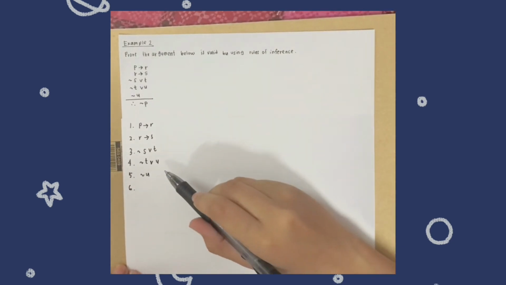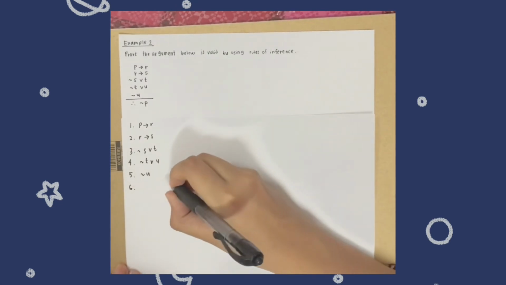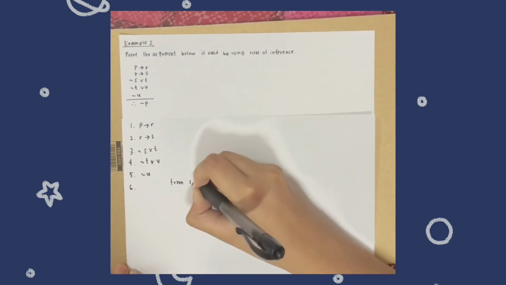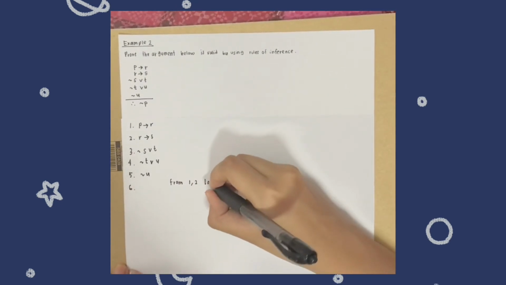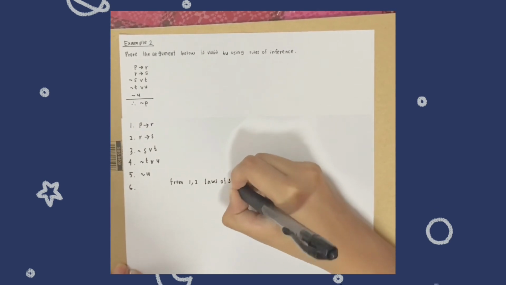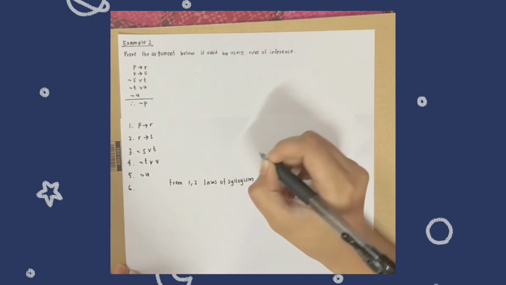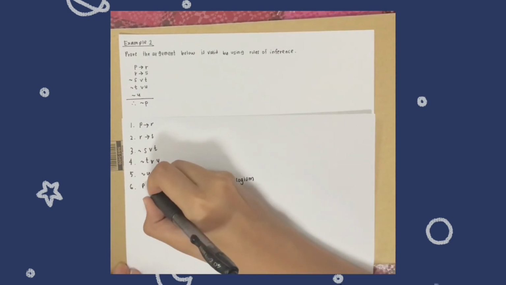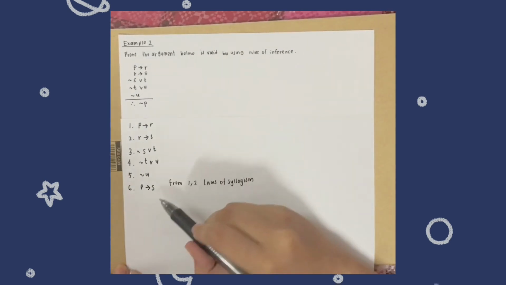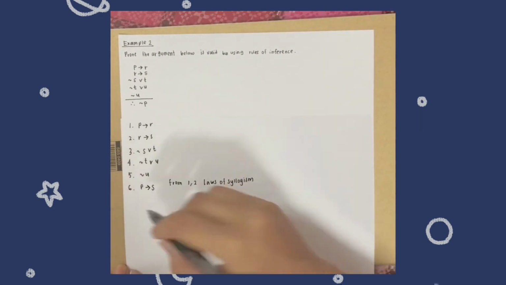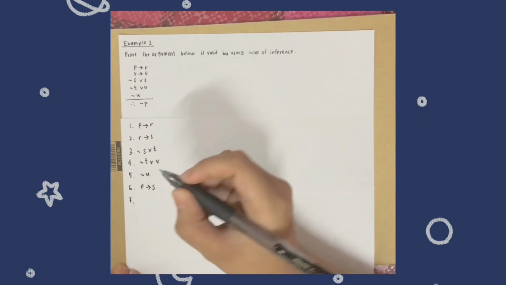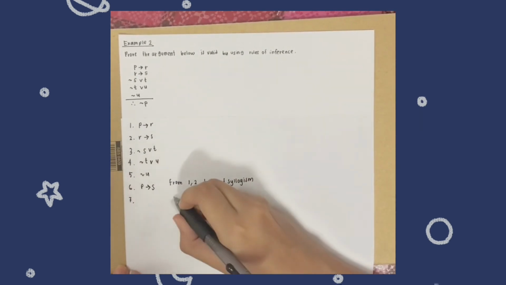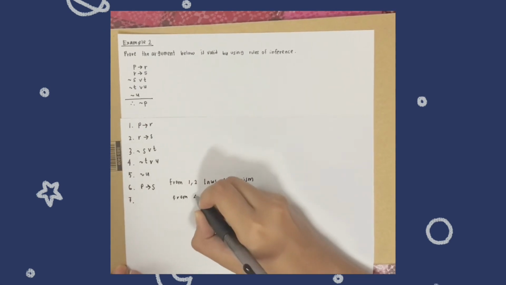So we can see that from 1 and 2 we can use laws of syllogism. We can get P implies S. How can I get the answer? We cross the R.